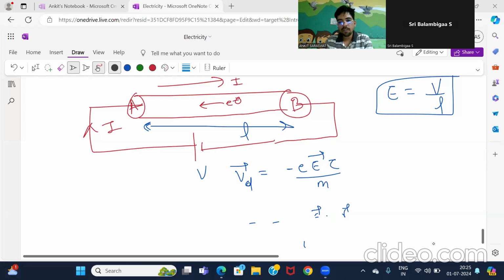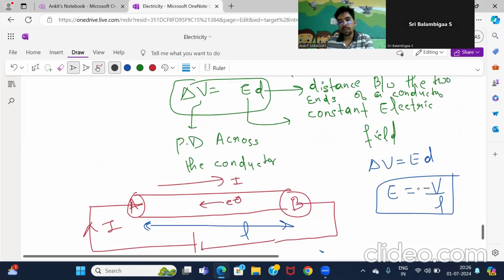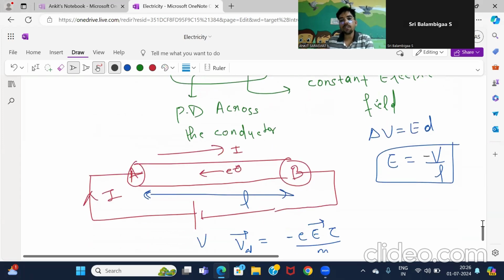Is my screen visible? Yes, sir. Okay, just see here. Here minus V will be there. Why minus V? Because potential is going to drop. Delta V means final minus initial, VB minus VA, so it will be negative.